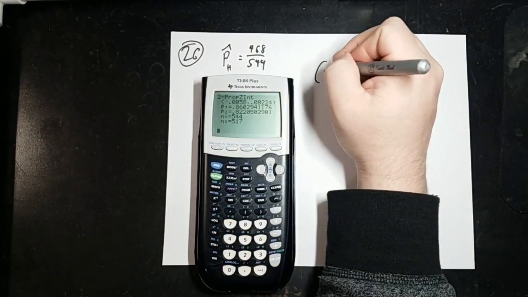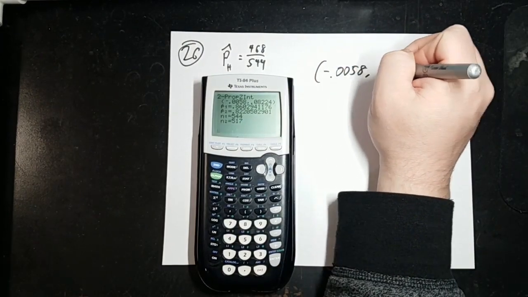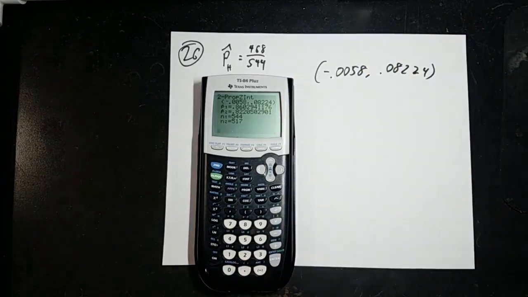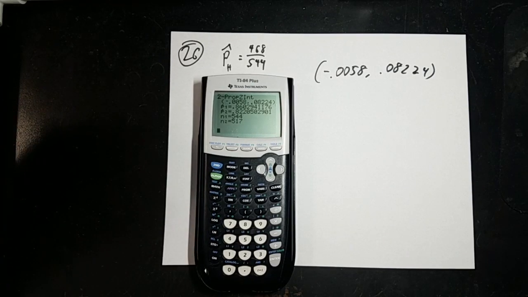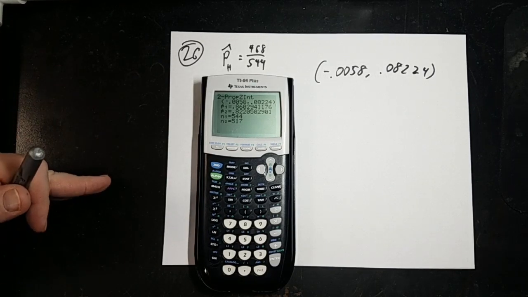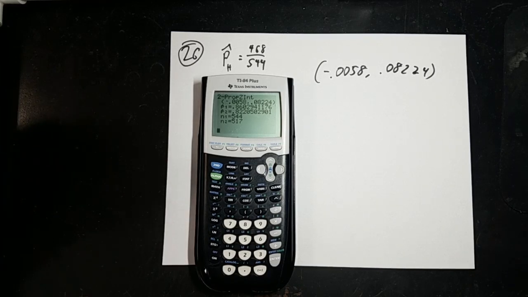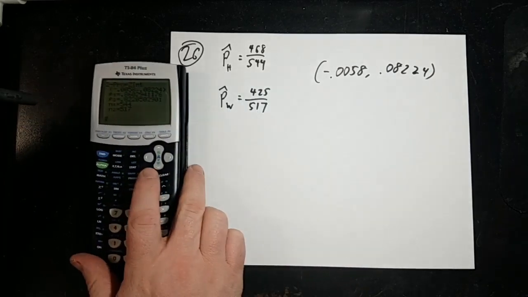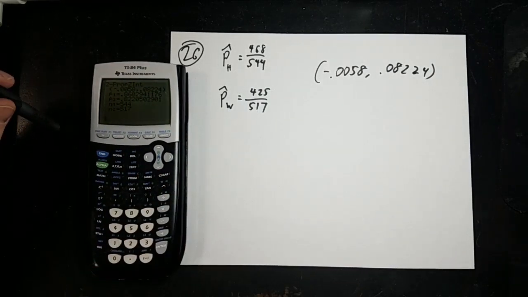We get negative 0.0058 and 0.08224, meaning I'm 95% confident that the true difference between Harden and Westbrook is within that interval. The current difference is a little less than 4%, but that's a sample, one season's worth of samples.